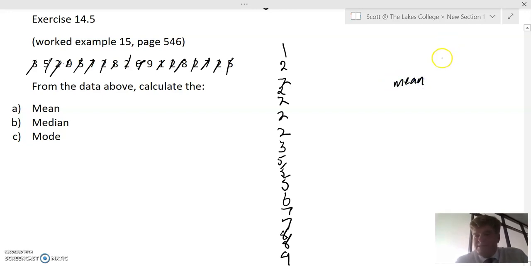Mean is the sum of all the data divided by the number of data that we've got. Okay, so if we're going to add these up, let's see if I can do this in my head.